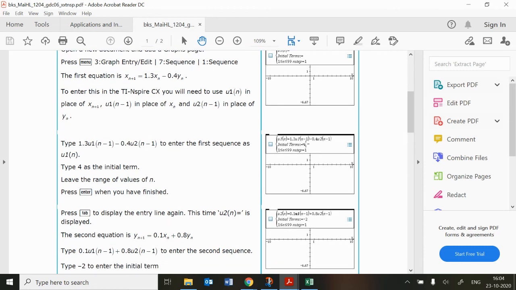So then they're saying when X is 4 is the initial term, and then the step number is going to be going up in ones. Okay, so that's sorted. Now, step is going to be going up in ones there as well, and we can put U2 in an exactly similar way, and that's going to be dependent on U1 and U2.